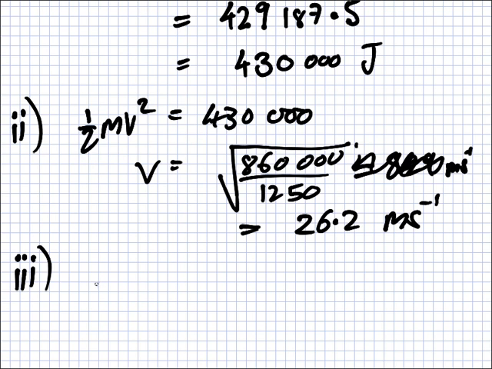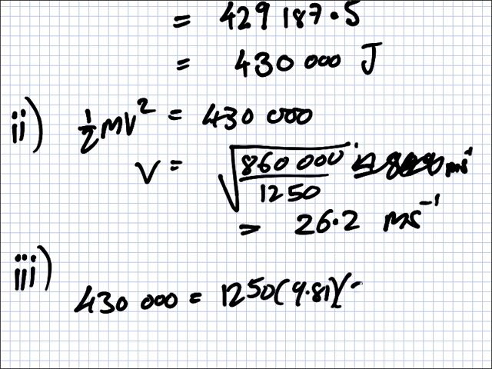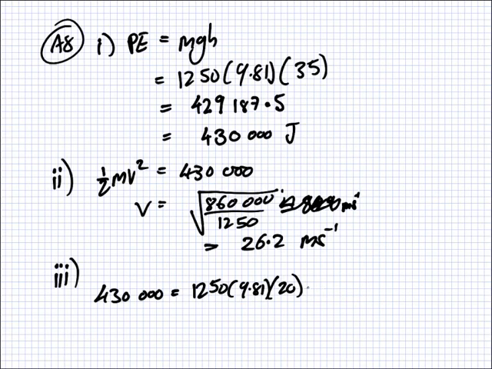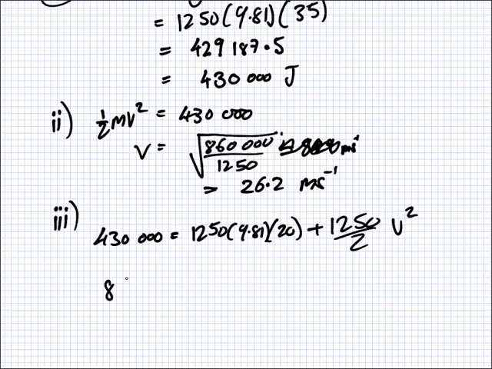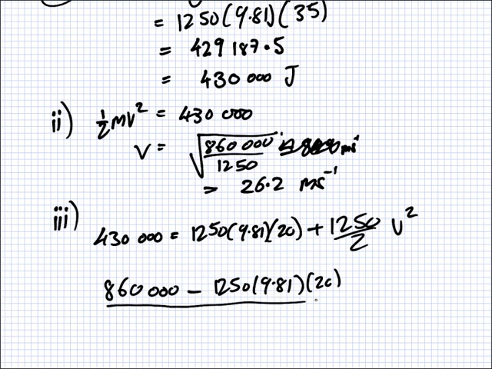So we can again say 430,000 equals mgh plus a half mv squared. So v equals the square root of 860,000 minus 1250 times 9.81 times 20, over 1250.